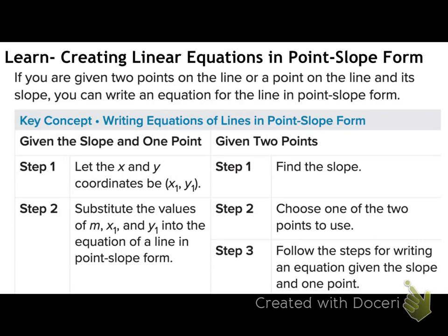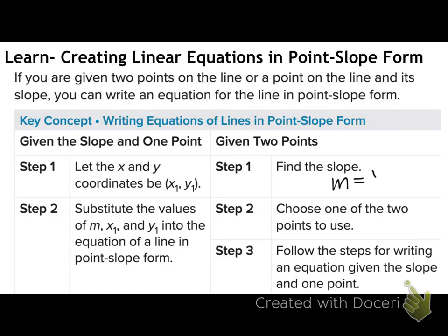Because you just got to plug values in and you got your equation. Okay? If we're given 2 points, this takes a little more work. But you guys have done this work before. Step 1, find the slope. What do you think we're going to use to find the slope? If we're given 2 points, how do I find the slope between 2 points?